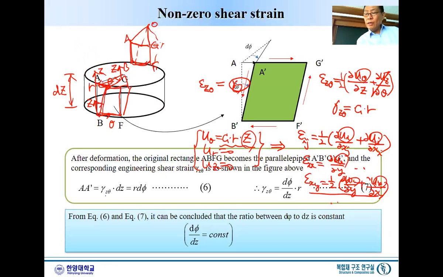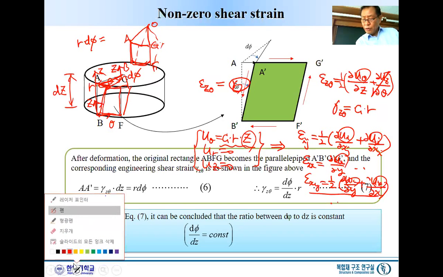And so R times, R is here, so this angle will be d phi. R times d phi is what?